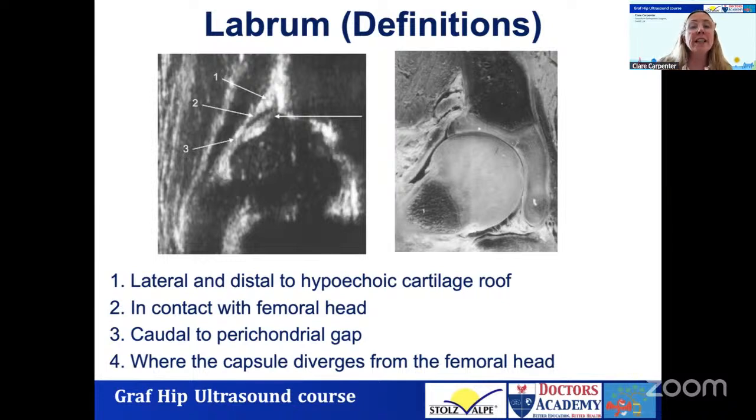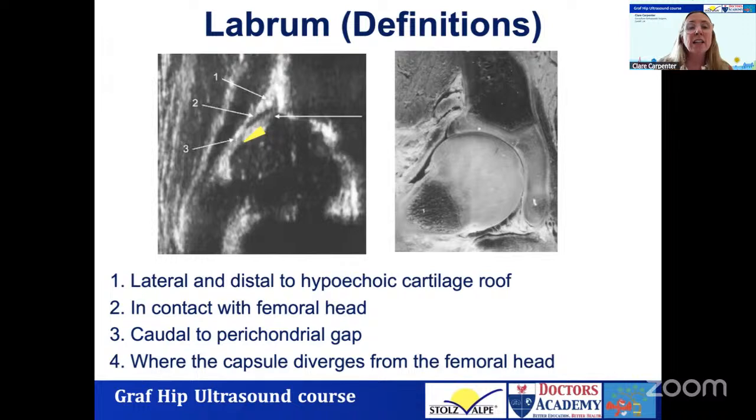It is always in contact with the femoral head. There's what we call a perichondrial gap, which again can be explained further within the course. And again, it sits below the capsule, where the capsule starts to deviate from the femoral head.